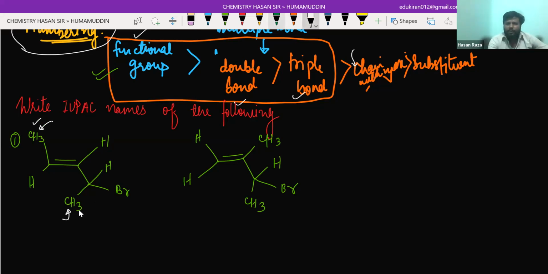If you are going to number it from here, 1, 2, 3, 4, 5, you get 5 carbons in your chain. And if you are going to number it from here, 1, 2, 3, 4, 5.